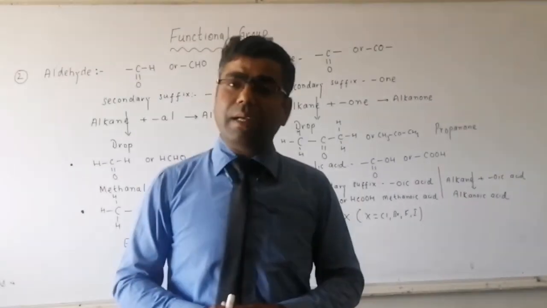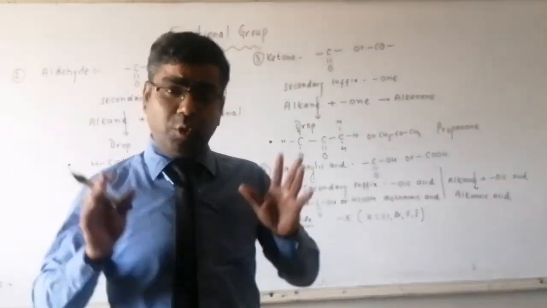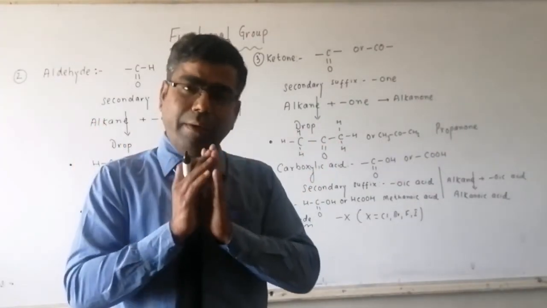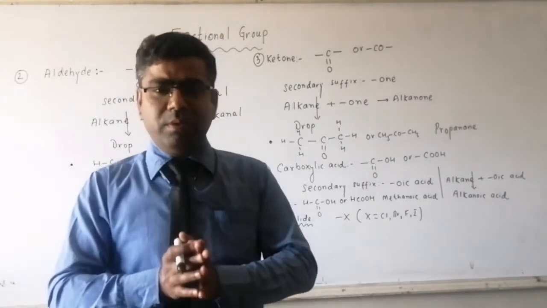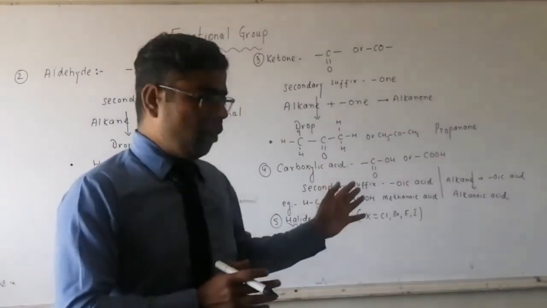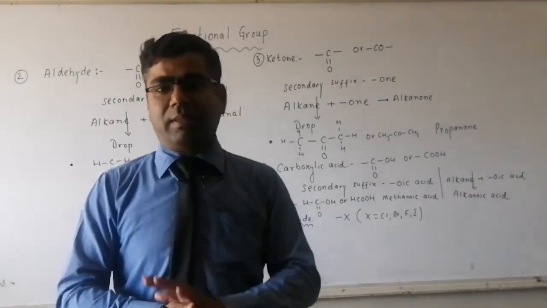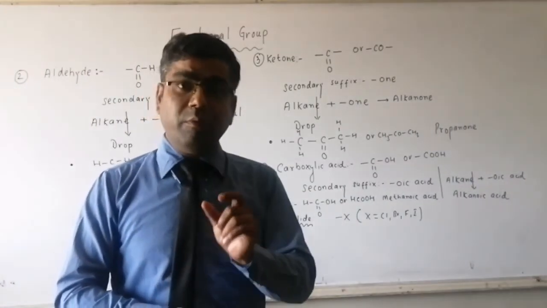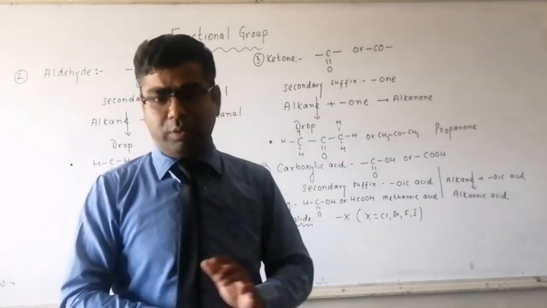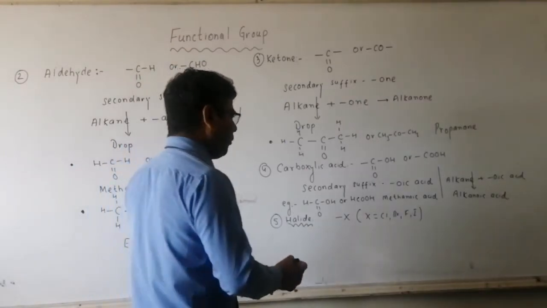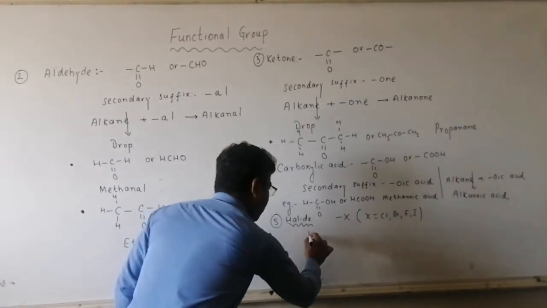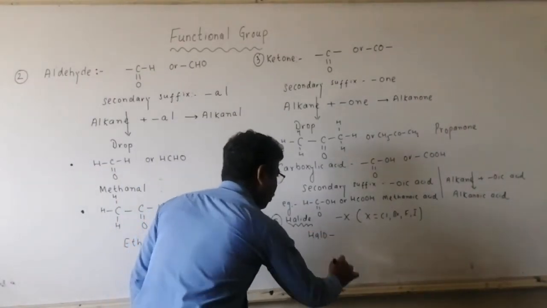Important point. Whenever halogen atoms are there as a functional group, then we never go for a secondary suffix. IUPAC has proposed that for halogen atoms we have to use a prefix, the term which is used before the word root is called prefix. And as a prefix, we are using halo.